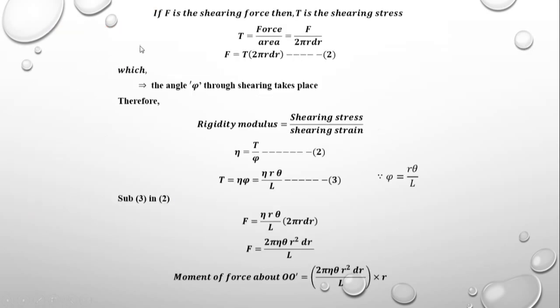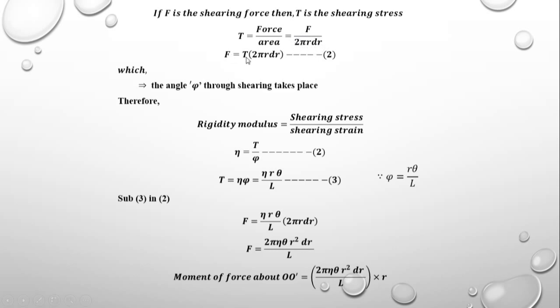If F is the shearing force, then T is the shearing stress. Shearing stress T is equal to force per unit area, F by area, which is 2 pi r into dr. So that means the elemental area on which we are subjecting the stress.